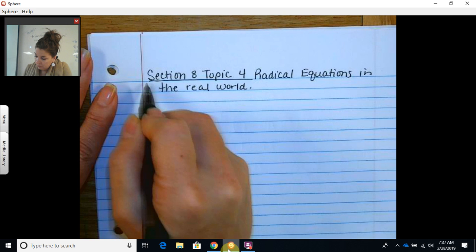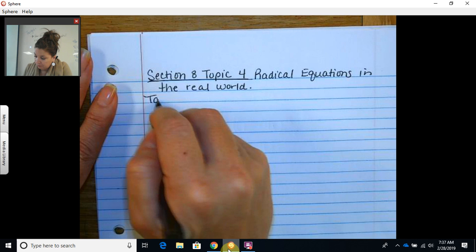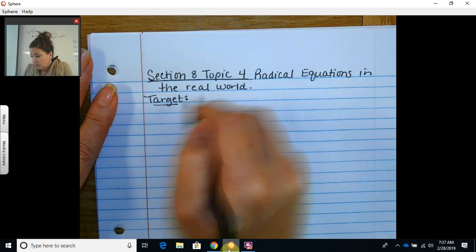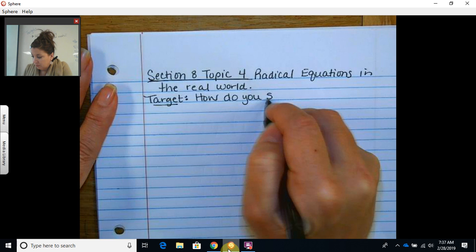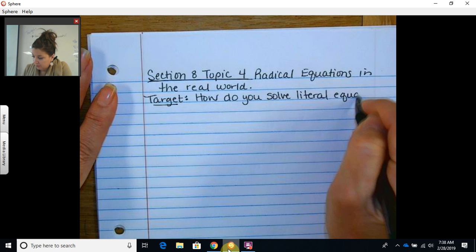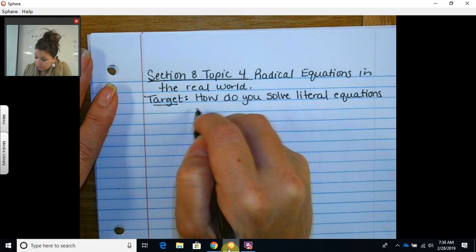And the target: how do you solve literal equations involving radicals?